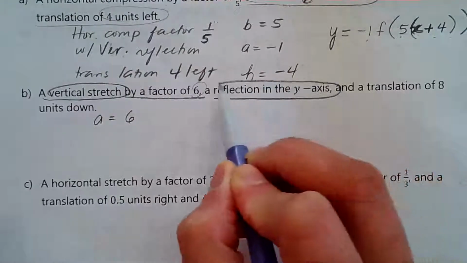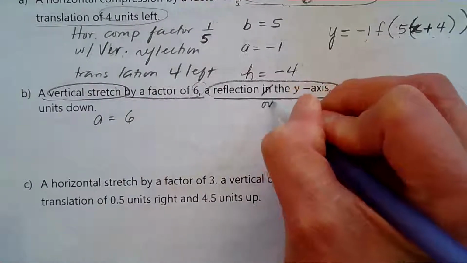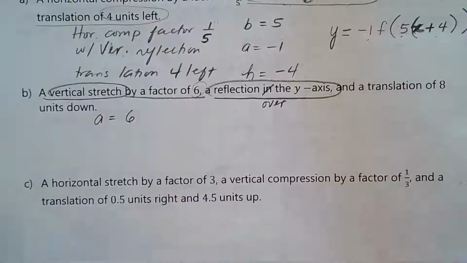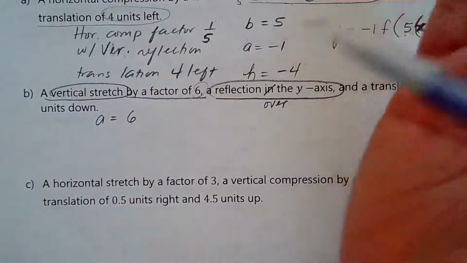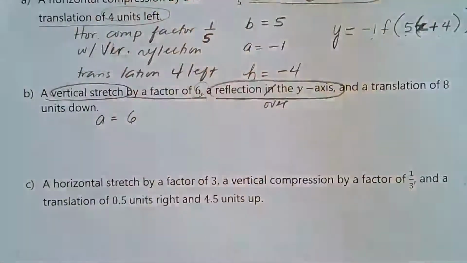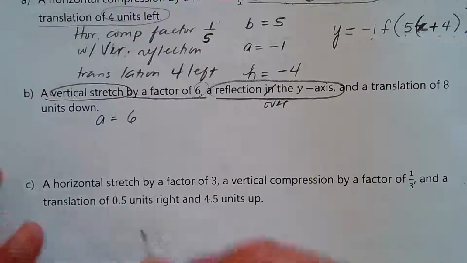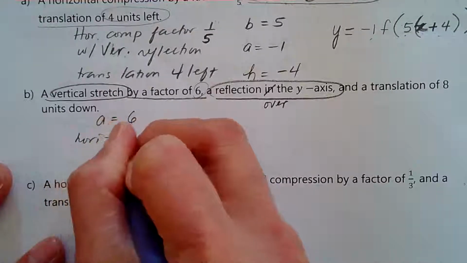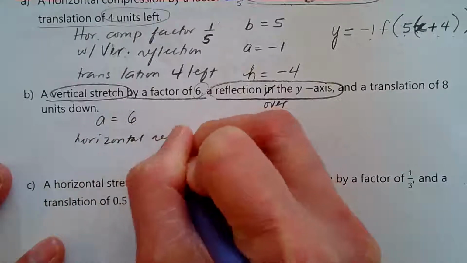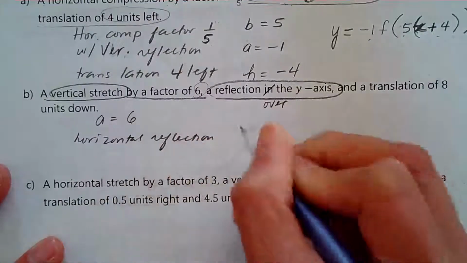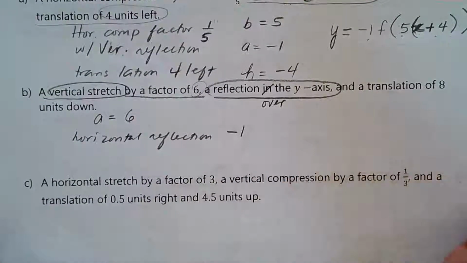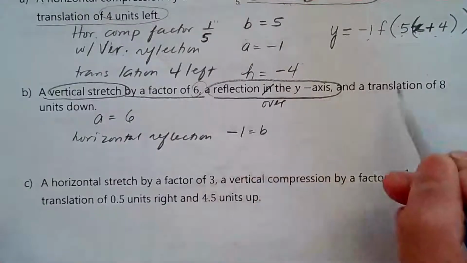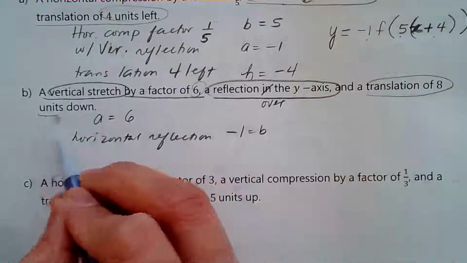Reflection. I'm going to use the word over so we're consistent. Reflection over the y-axis, or in the y-axis, or over the y-axis. So that's going to be a horizontal reflection. So that's going to be -1 for B. And a translation of 8 units down.